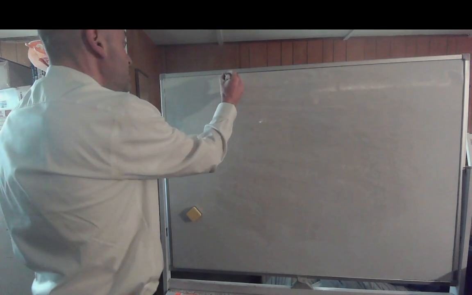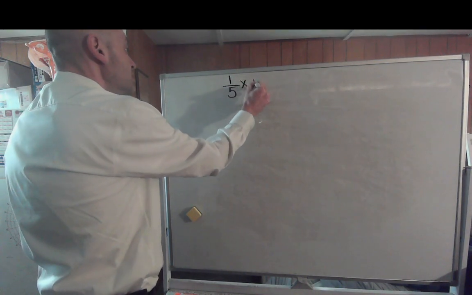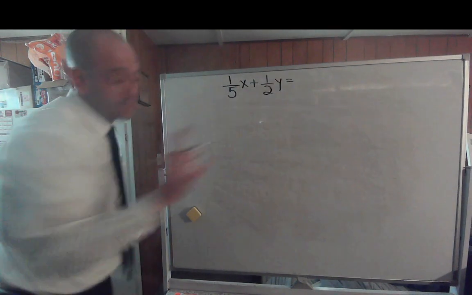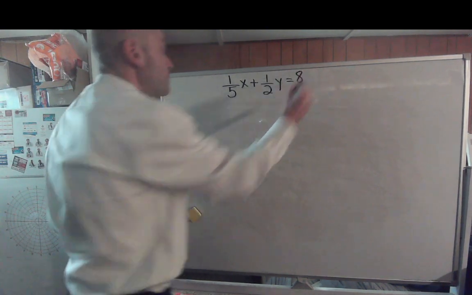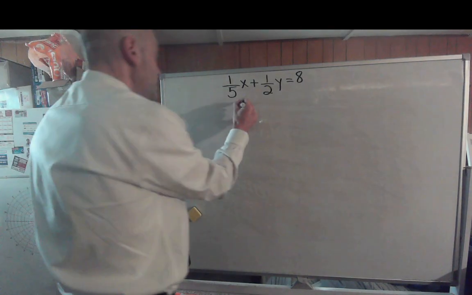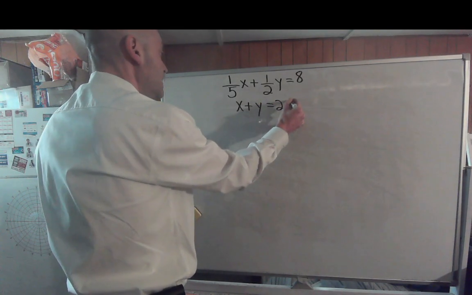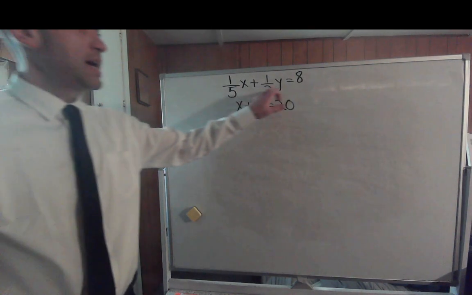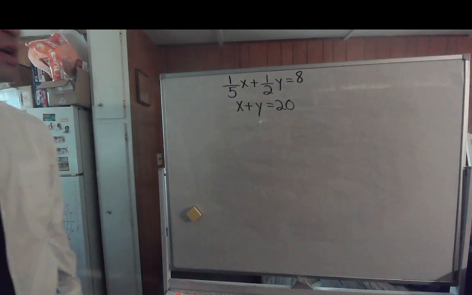Alright, so I have 1/5 x plus 1/2 y is equal to 8, x plus y equals 20.